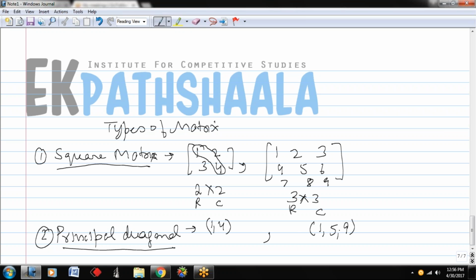These are called the principal diagonals. And it can only be for a square matrix. Noted?